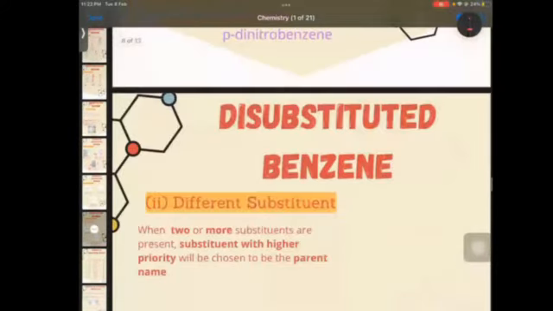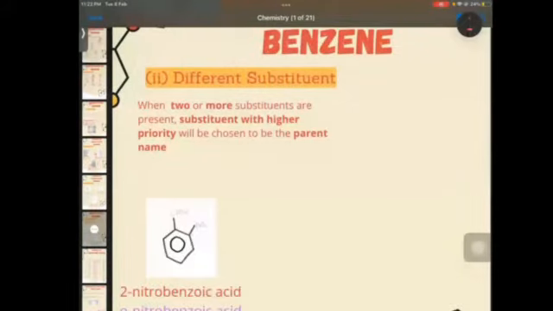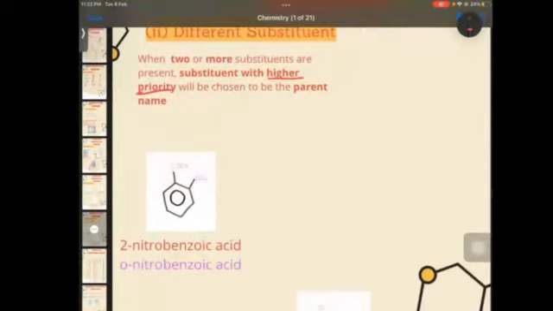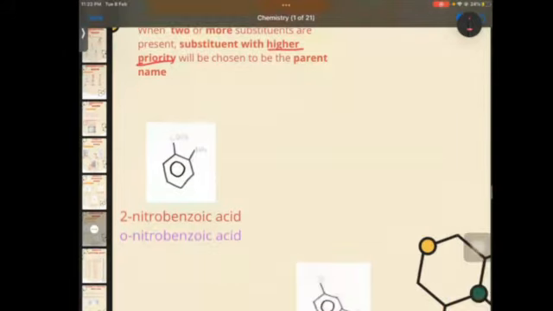So, let's move on to the different substituents. When two or more substituents are present, the substituent with higher priority will be chosen to be the parent name. Maknanya kat sini, apabila satu structure ada dua substituent yang berbeza, kita kena pilih substituent yang mempunyai higher priority untuk jadi parent name. Contohnya kat sini, in carbon number 1, it has COOH, and carbon number 2, it has NO2.